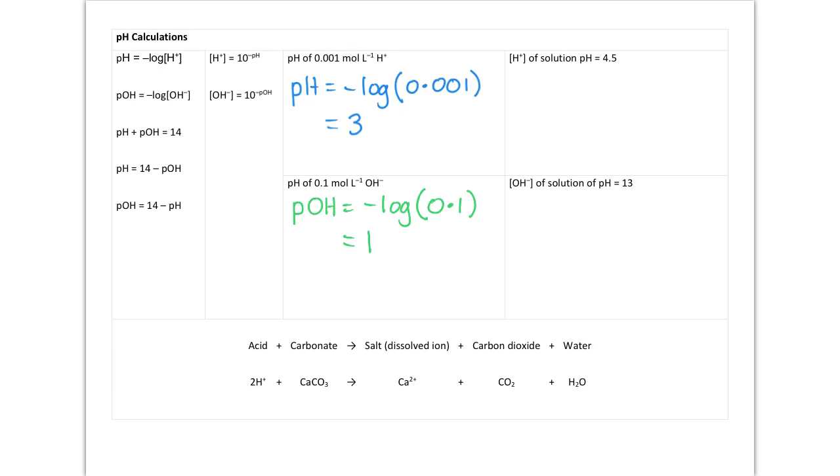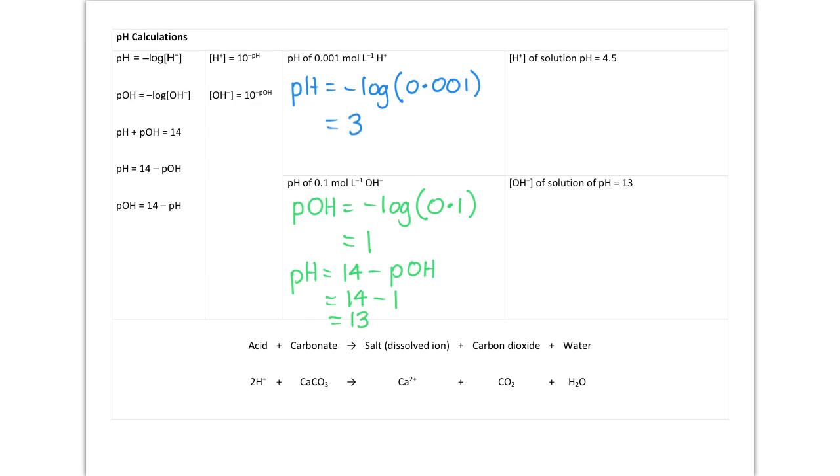Then pH is equal to 14 minus pOH, so the pH would be equal to 14 minus 1, which would be equal to 13. Just running out of room there in that box. So that's how we work out the pH of a hydroxide solution. We've got to work out the pOH and then do that 14 minus the pOH step.